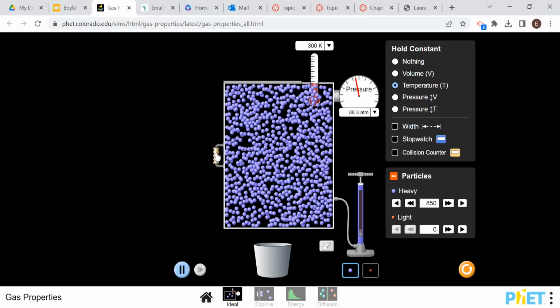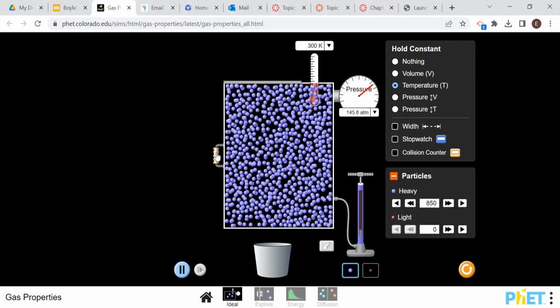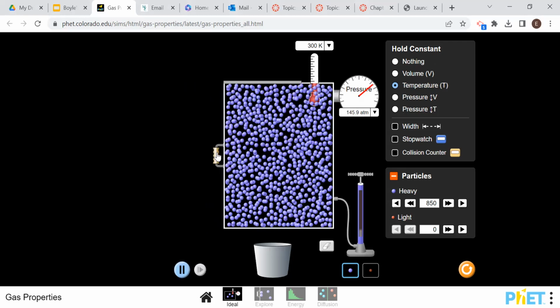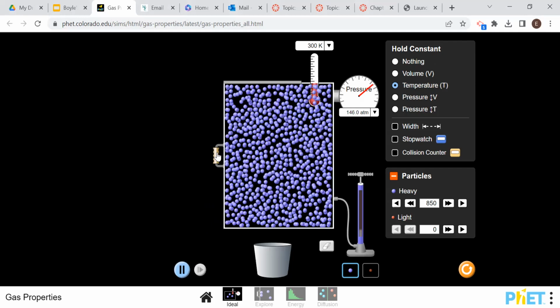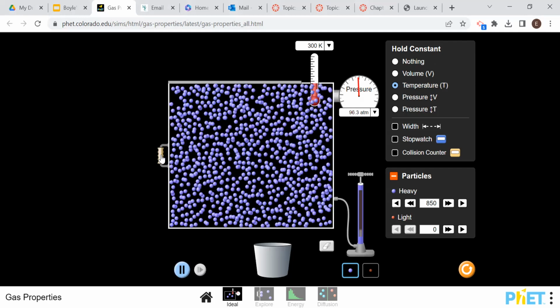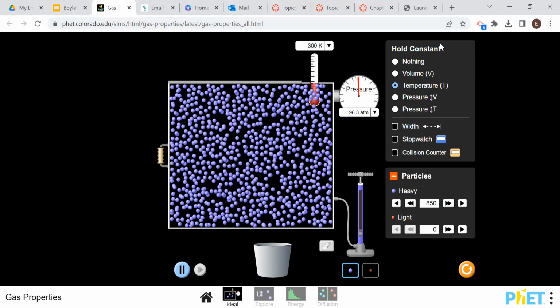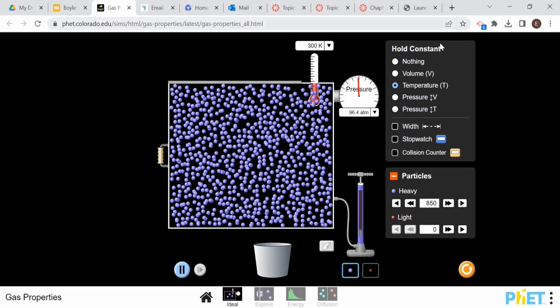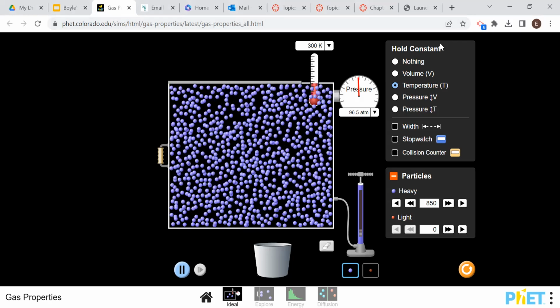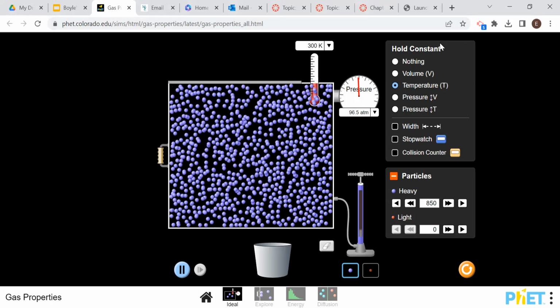If we decrease the volume, you see the difference, the collision, the way it strikes the wall compared to if the volume is increased. You are checking volume and pressure.